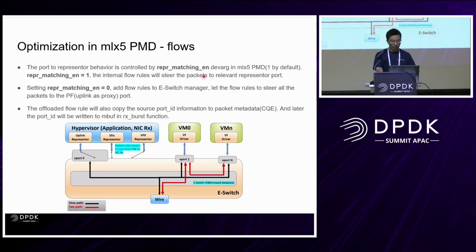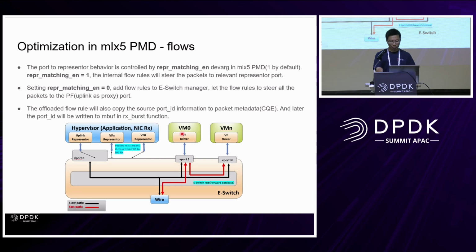If representor matching is 1, the internal flow rule will steer the packet to the relevant representor port, just like we saw in the first slide. The plan is to set representor matching equal to 0 to disable that. Meanwhile, after this devarg is disabled, let's focus on the black bold line.